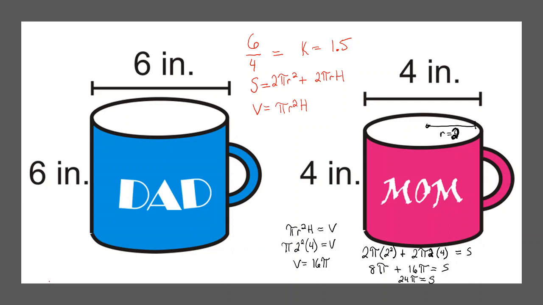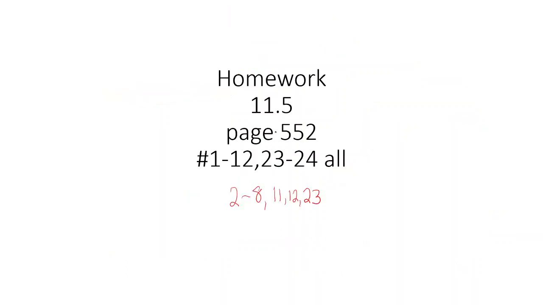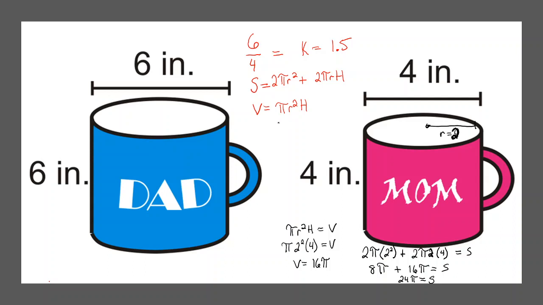So for area, we're going to have K squared, which is 2.25. And for volume, we're going to do K cubed, which is equal to 3.375.